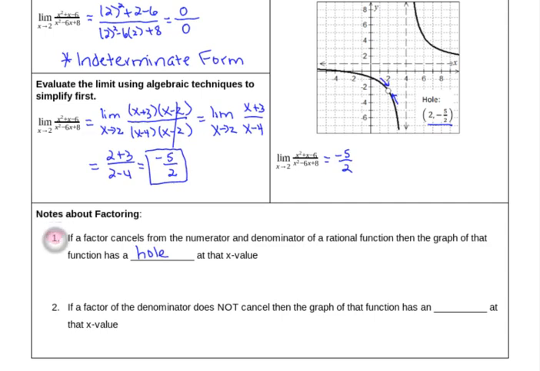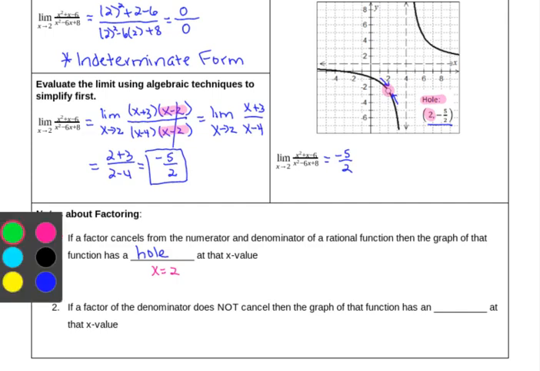For this first one, we're looking at something that canceled. We can see this x minus 2 canceled when we factored, and if we look at our graph, at x equals 2, that's where that hole is. Because we factored this function and canceled that x minus 2, now there's a hole at x equals 2.